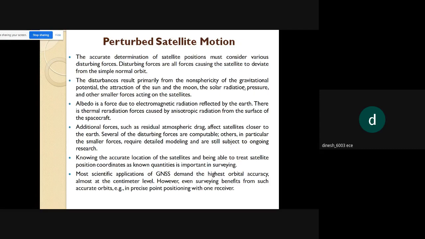These applications can be used in GNSS, global navigation systems, which require the highest orbital accuracy, almost one centimeter level. Even surveying benefits from such accurate orbits, and precision point positioning with a single receiver is most welcome.